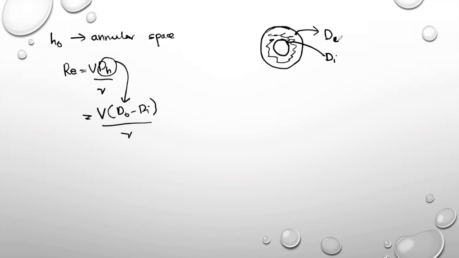So to get the hydraulic diameter, d_o minus d_i, times velocity over kinematic viscosity.